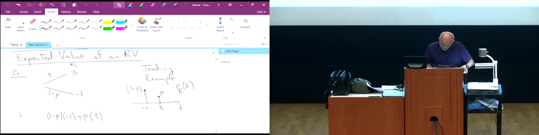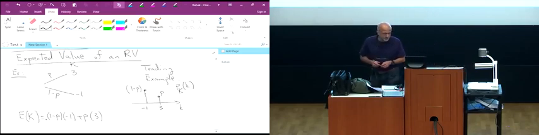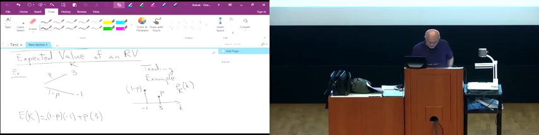And this would be the center of mass. This is what we call the expected value of the random variable x, in this case random variable K. So you can think of this as the center of mass.